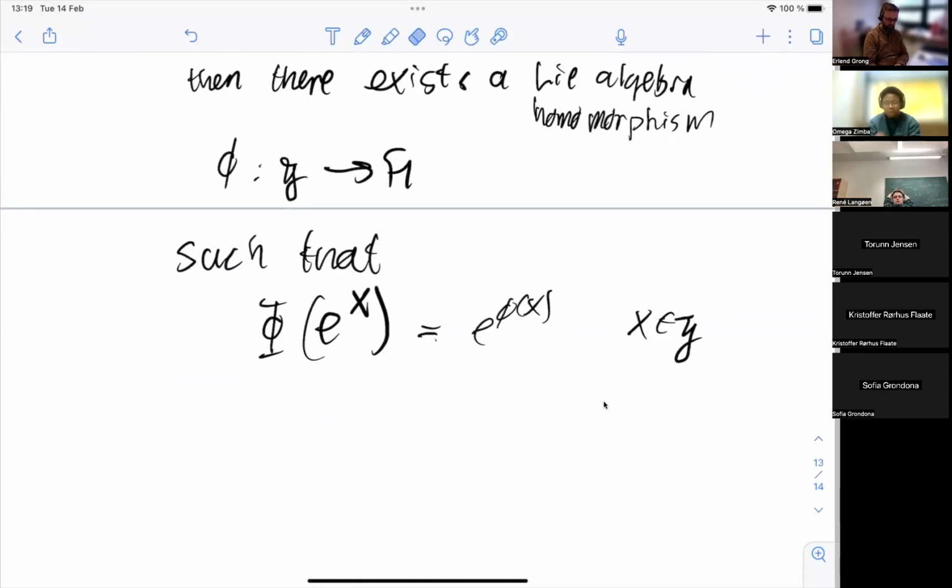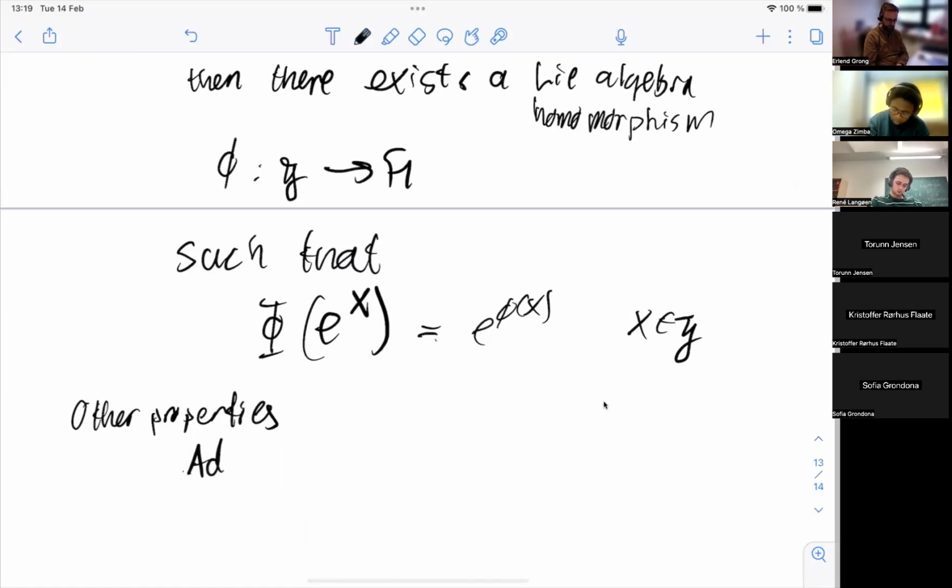And then we have some other properties. If we apply this Ad map again that we had before, remember this was just conjugation by a matrix, then this phi is invariant under the Ad map.